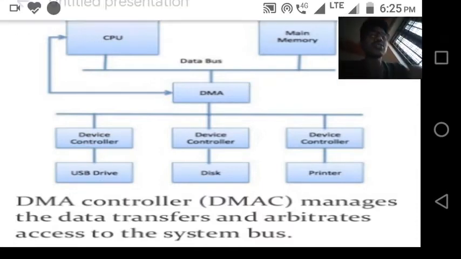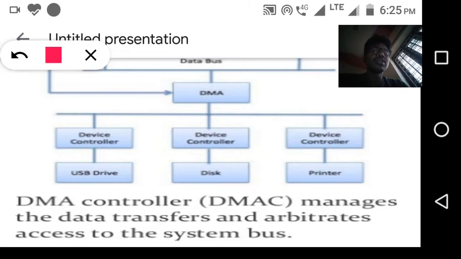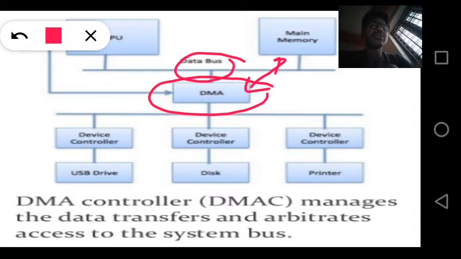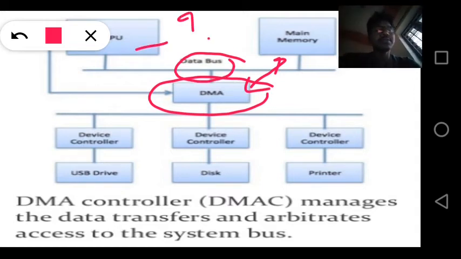Now the problem is, when DMA is transferring the data by taking control of the data bus, what is the processor doing? It is one of the biggest questions. Do we have to keep the processor busy for that period?